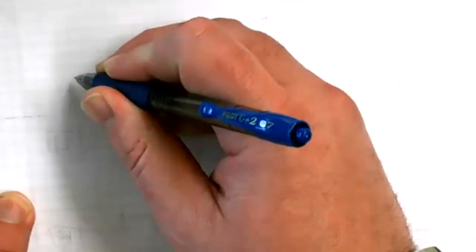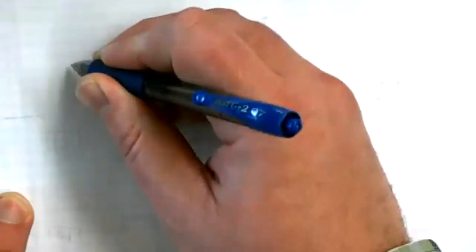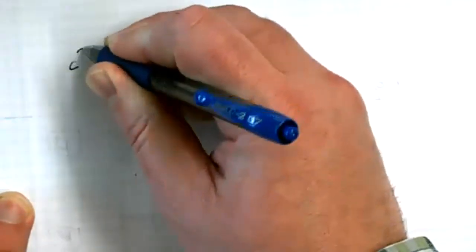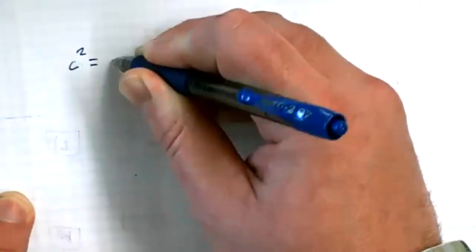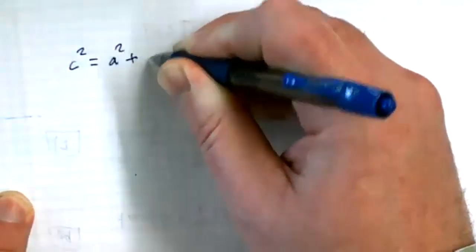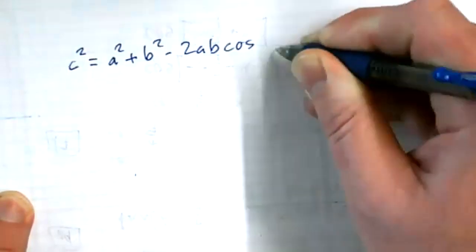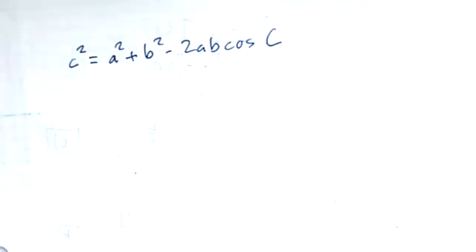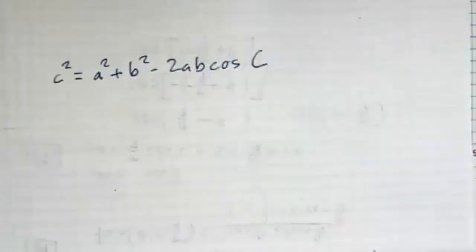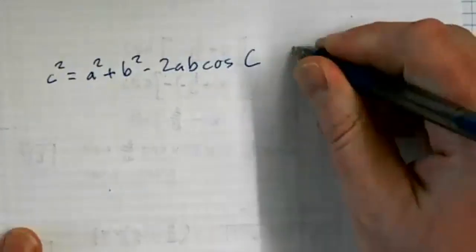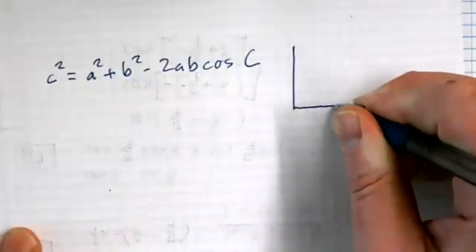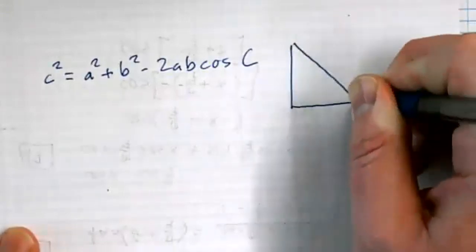Let me write out law of cosines, one version of the equation. C squared equals a squared plus b squared minus 2ab cosine C. What happens to this equation if we deal with our right triangle?